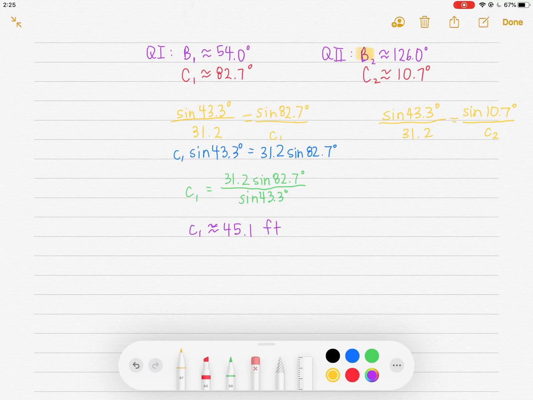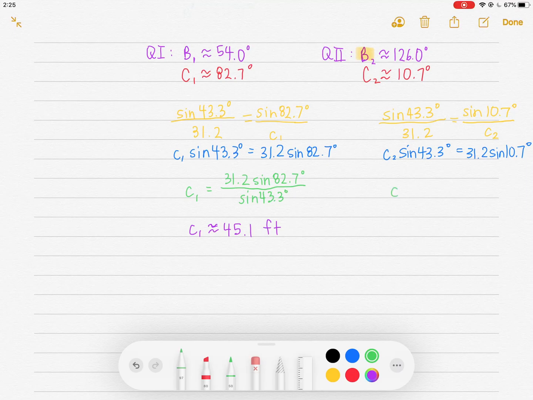Again, if it helps you to write it out with the letters in there first, I'm fine with that. If you don't need to, I'm fine with that too. Cross multiply to get our little c2: sine of 43.3 degrees equals 31.2 sine of 10.7 degrees.